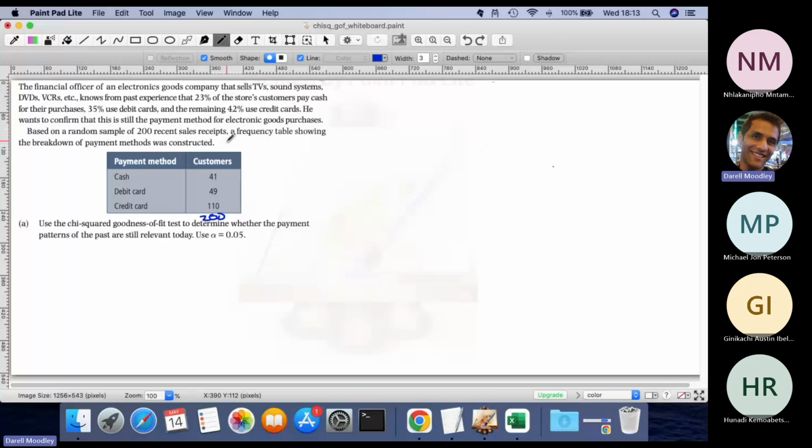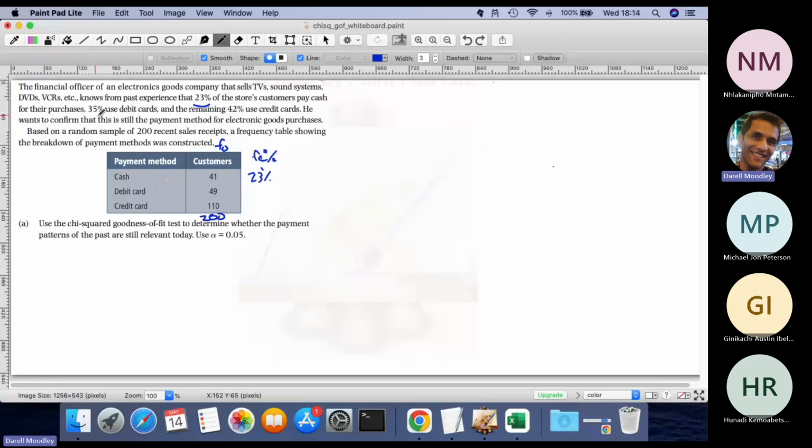So this is your F0, your frequency, what they observe now. But in the past, that's the expected frequency, so I'm just going to put here FE percent. In the past, the expected frequency in terms of percent for cash was 23%.